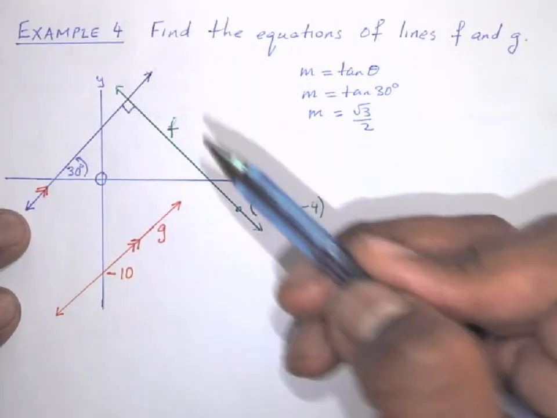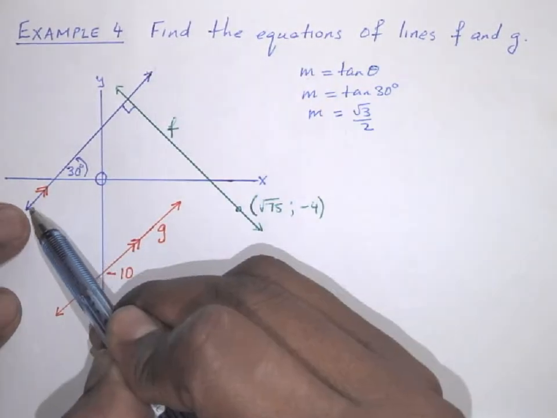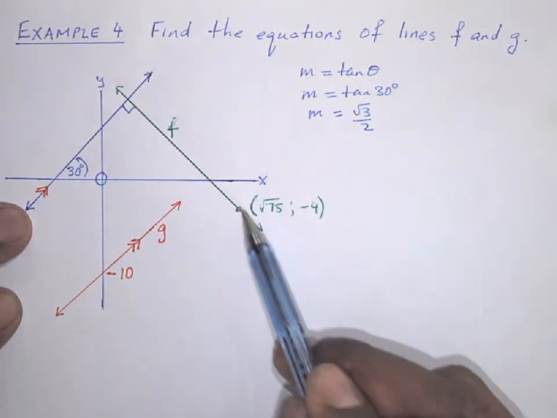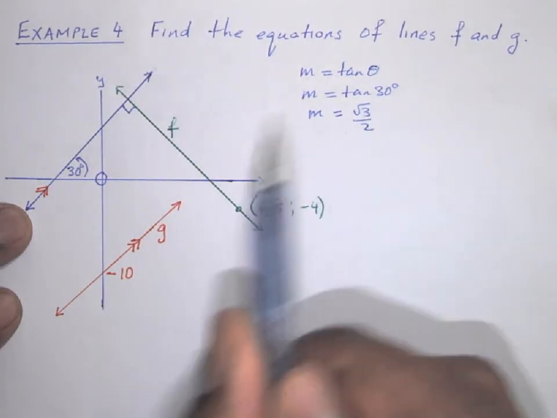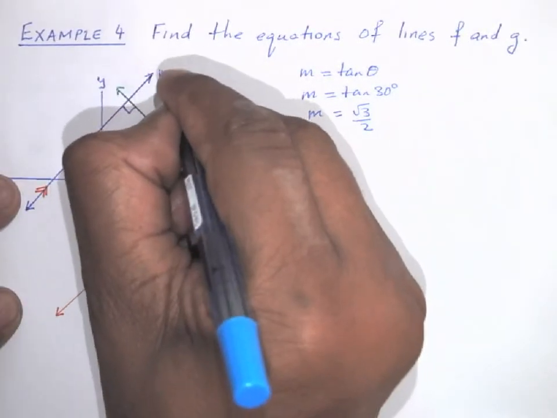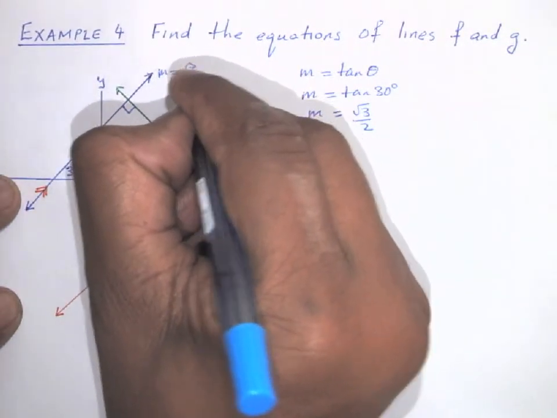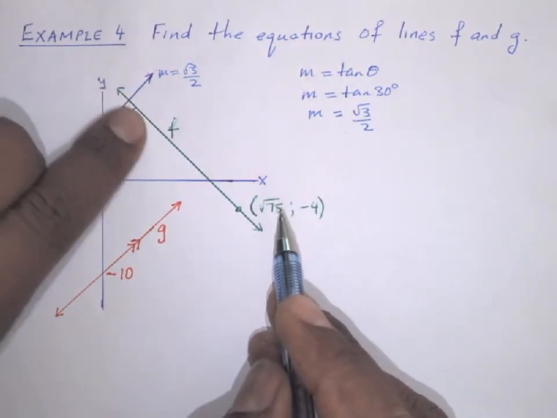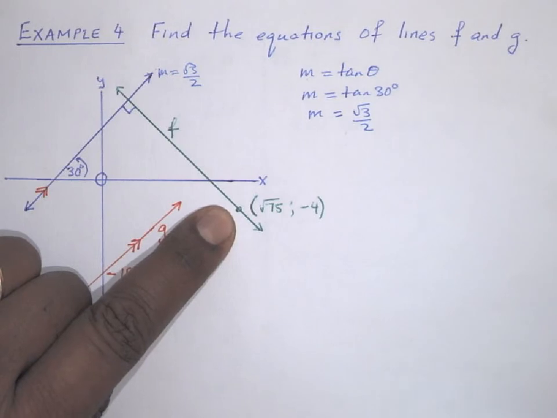So now, how can we solve this? We say that this line here is perpendicular to this. This gradient is for the blue line. Let me write here: this m is for this one here, which is root 3 over 2. Because it's perpendicular to the green one, let me use a green pen.